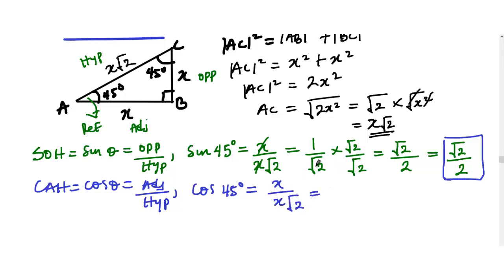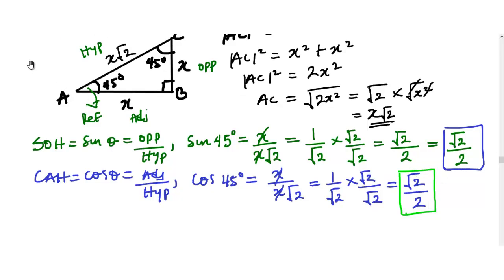So this will still be the same thing as this cancels this. So we still have 1 over root 2. If you rationalize it, that's times root 2 over root 2, and that will give us root 2 over 2. So sine 45 and cos 45 are the same, all right?